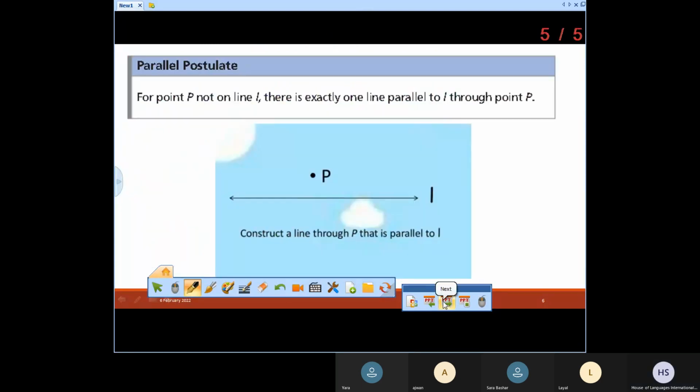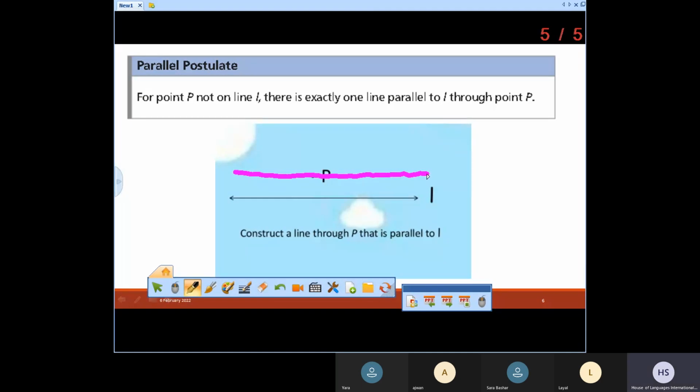Now let's talk about another postulate in the parallel, which is that if I have a line L and there's a point up here, it's a point that's not on the line. If I want now to draw a line, this line must have point P in it, or in other words, point P is passing through this line. So how many lines can I draw?